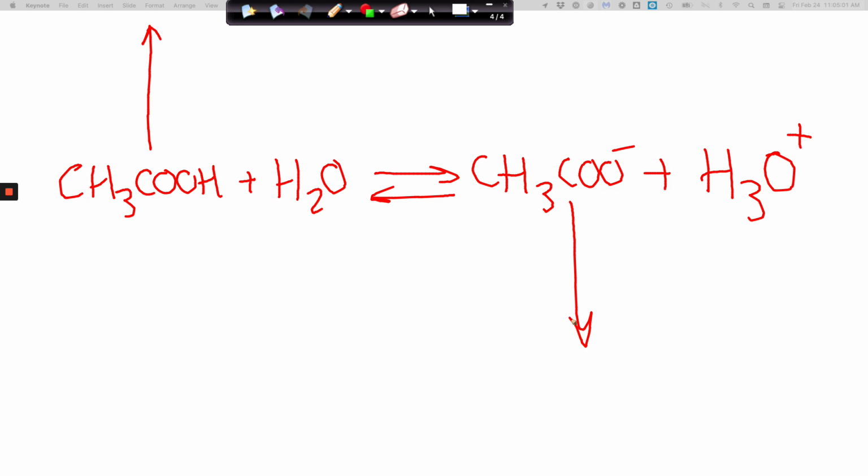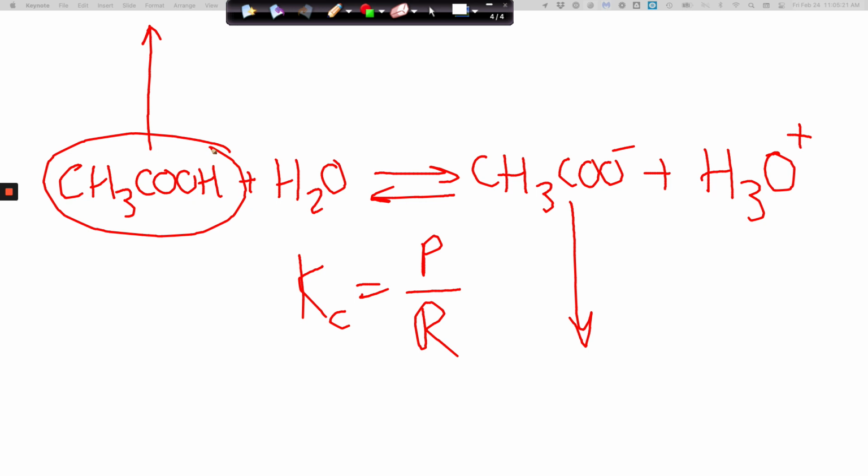Kc is products divided by reactants, right? But now our products are the conjugates and our reactants are the original acid and base. And so we can quantify the strength of acetic acid.